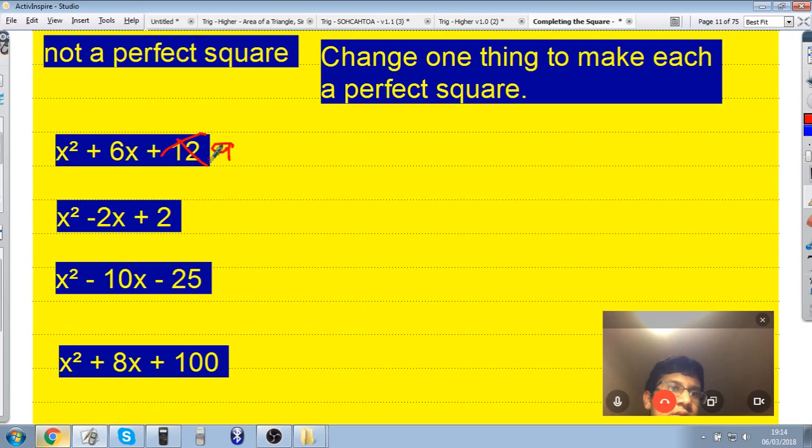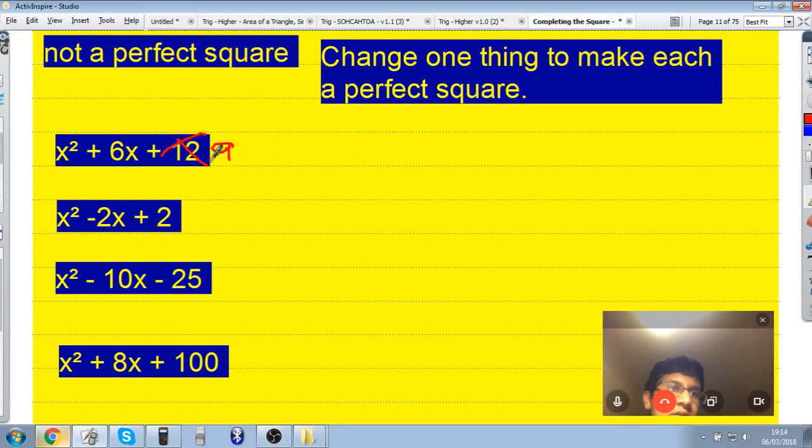For the next one, that's 5, so we could have plus 25 rather than a minus. And the last one, 4 squared is 16, so plus 16 instead of 100.